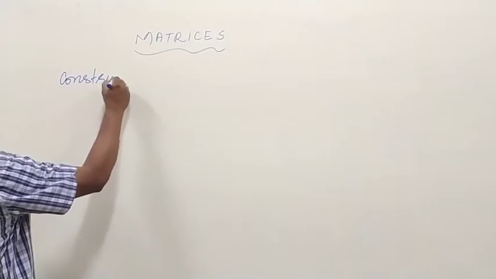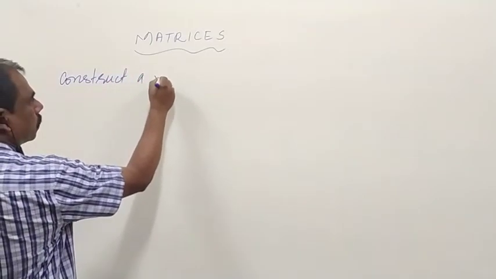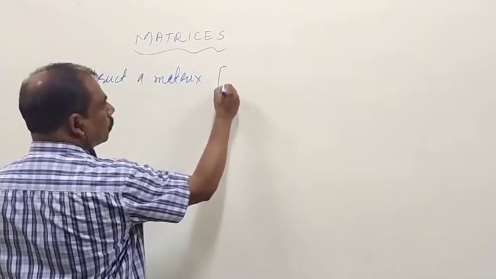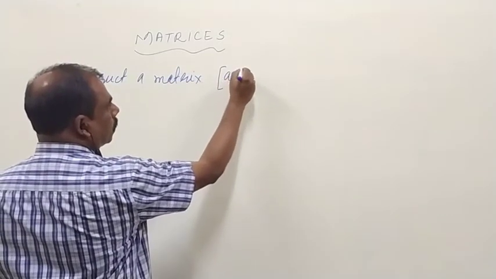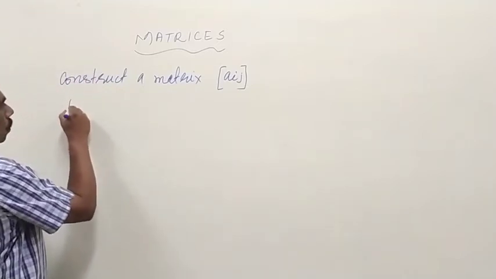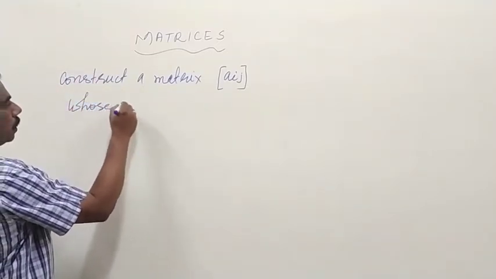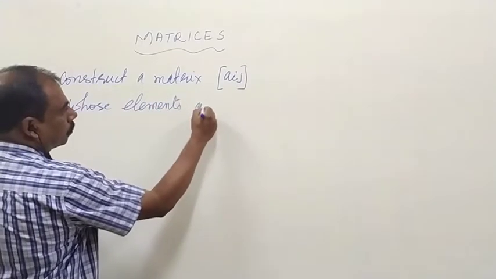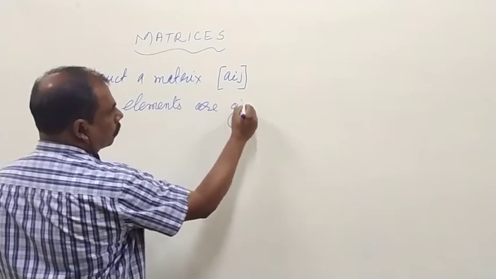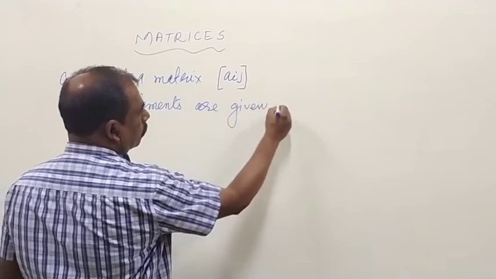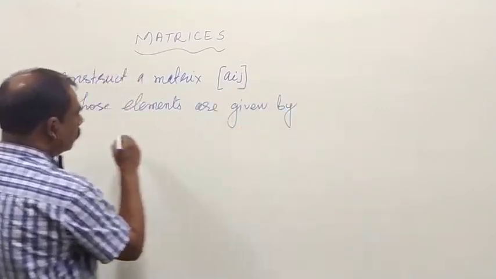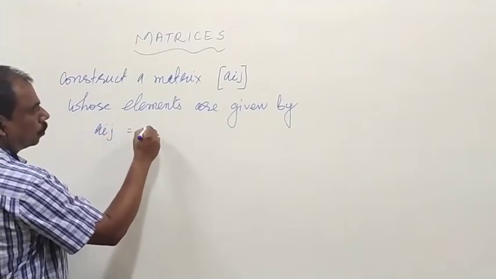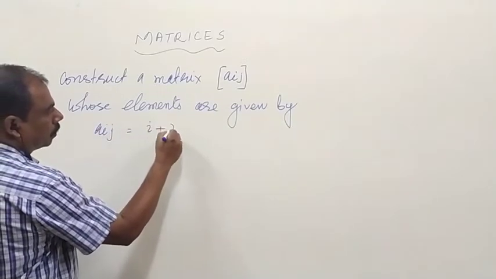Say for example, we have to construct a matrix in the form Aij whose elements are given by Aij equal to i plus 2j.